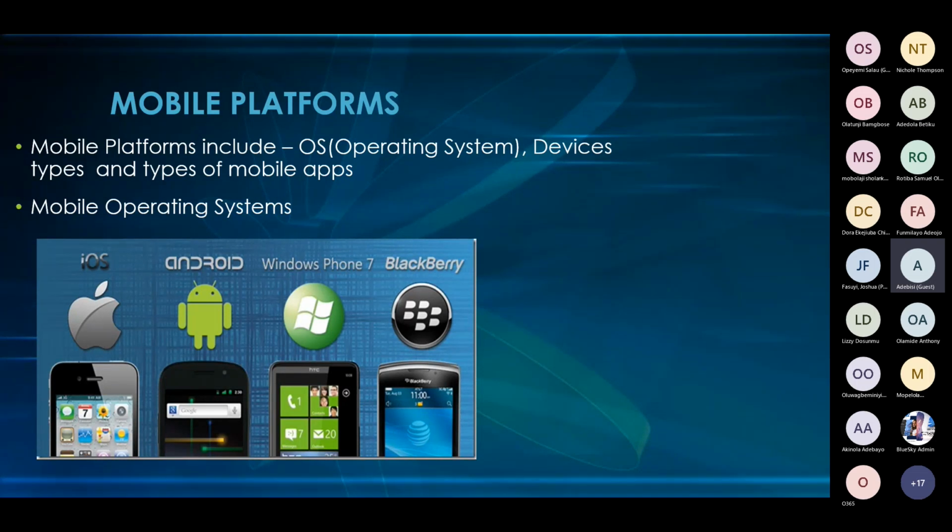So for BlackBerry, I'm sure some of us have used BlackBerry before. The major reason why a lot of people used this BlackBerry then, and some still use it because they still have some updated versions, is because when you are typing, it is as if you are typing on a keyboard.